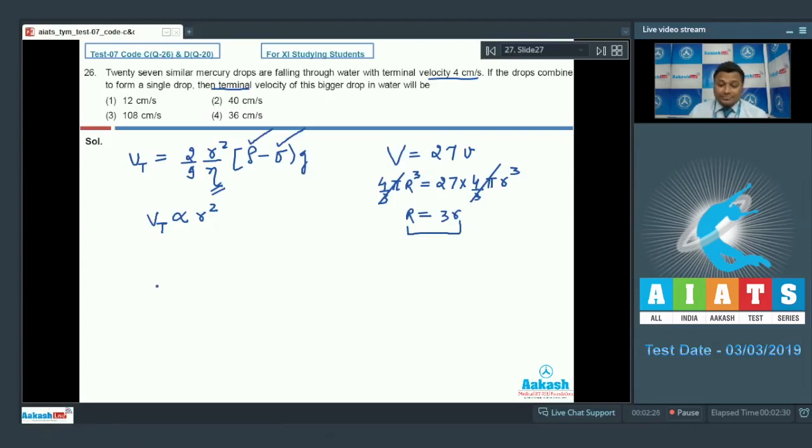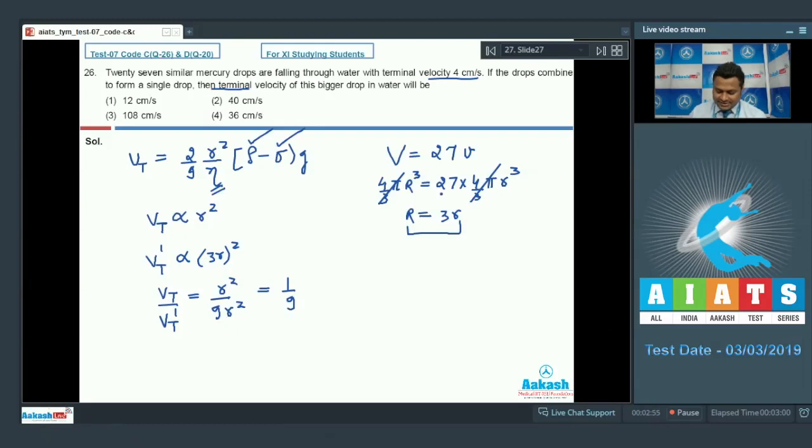Now if the radius becomes 3 times r, then the terminal velocity, suppose Vt dash, will be 3 times r whole square. So taking the ratios, we get Vt upon Vt dash equals r square upon 9 r square, which equals 1 by 9.